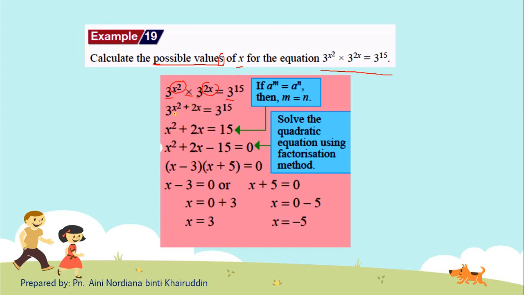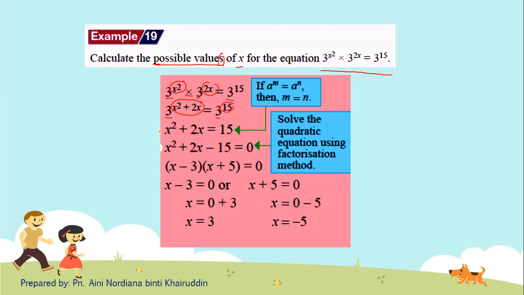So 3 to the power of x squared plus 2x equals 3 to the power of 15. Since the bases are equal, the index must be equal. So x squared plus 2x equals 15.